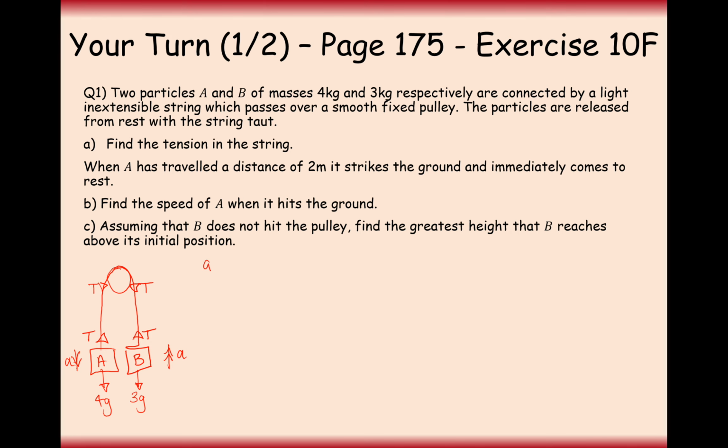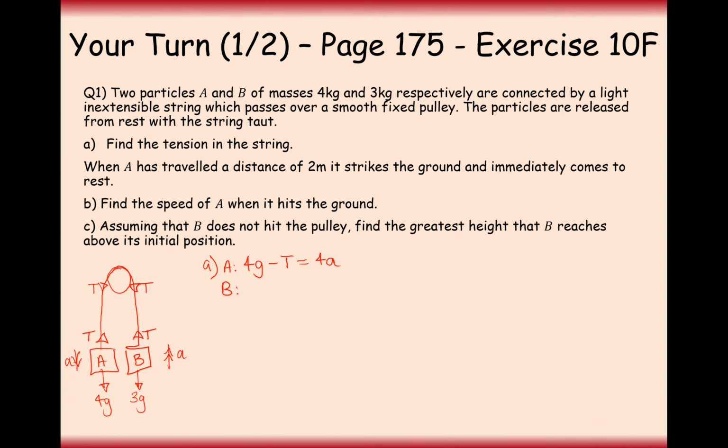Part A. Find the tension in the string. Okay, the only way I can see we're finding the tension here is to go through the acceleration and use the acceleration in one of the formulas. So, using F equals ma for particle A, it's going downwards, so we'll take downwards as positive. So 4g subtract the tension equals mass times acceleration.